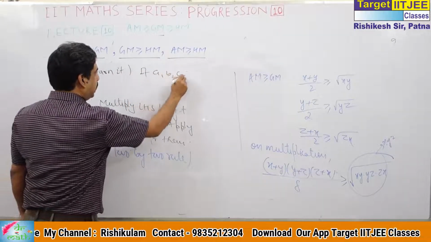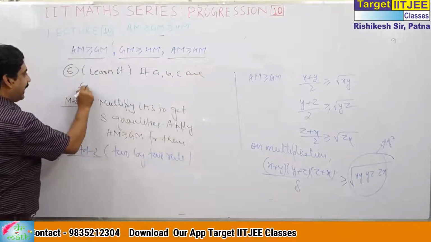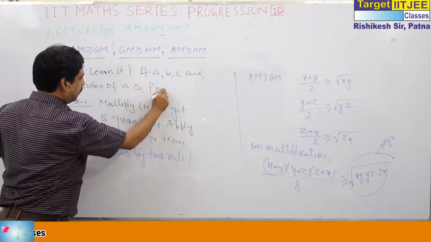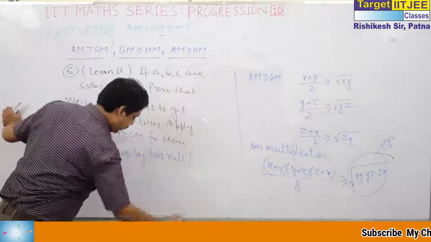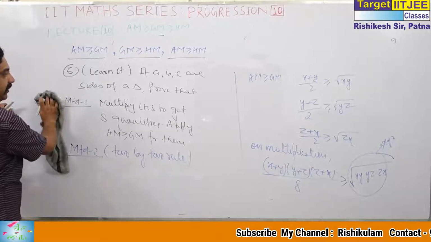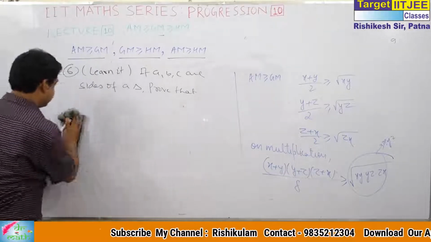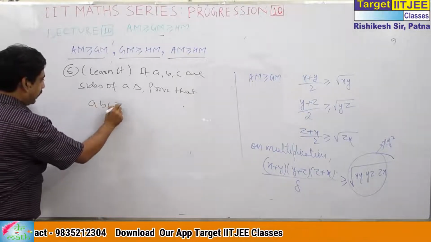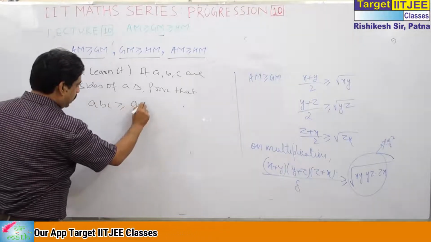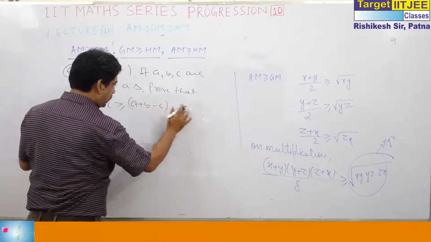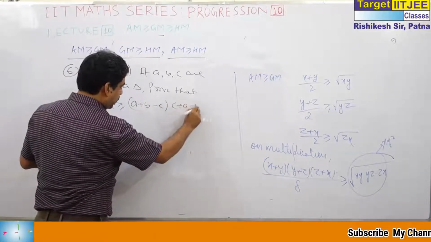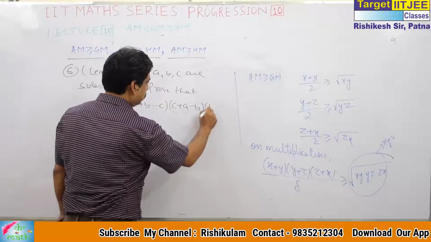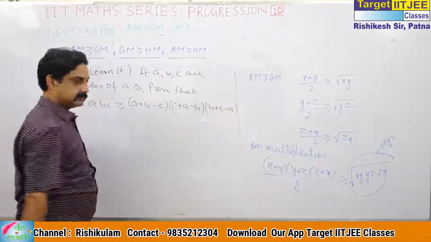If A, B, C are sides of a triangle, prove that A into B into C is greater than or equal to (A plus B minus C) into (C plus A minus B) into (B plus C minus A).